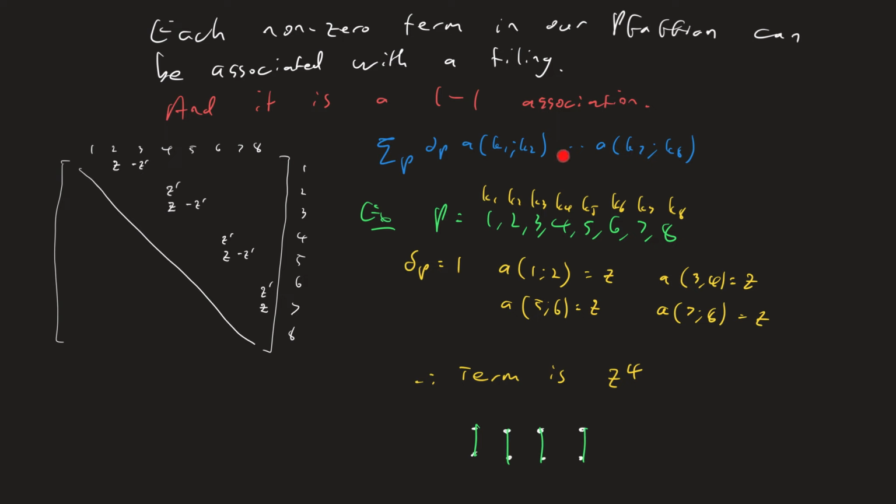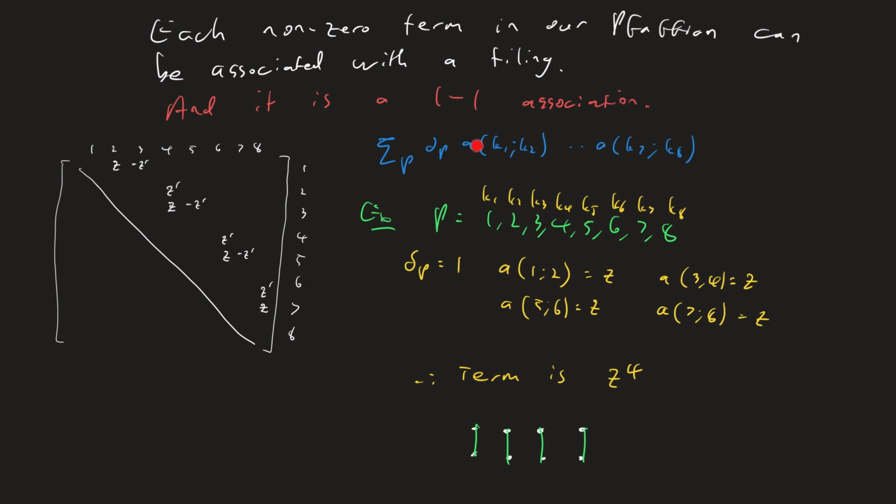We care about the term at 3, 4. The coefficient at entry 3, 4 is again z. The term for K5, K6 corresponds to the entry at 5, 6, which again is z. And the term at K7, K8, corresponding to the entry at 7, 8, is again z.